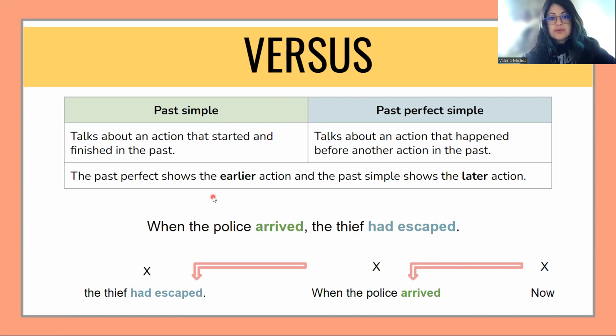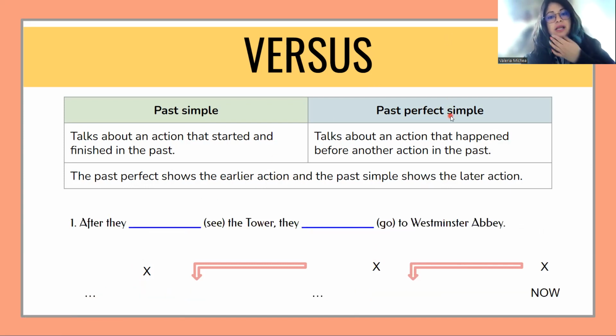All right, so we know the rule and we are going straight to practice. We are going to do this kind of exercises that we usually do, and they are very helpful. I have kept the rules, so if you need some more time to read the rules, take it, they are here. The sentence is this one. After they see the tower, they go to Westminster Abbey.